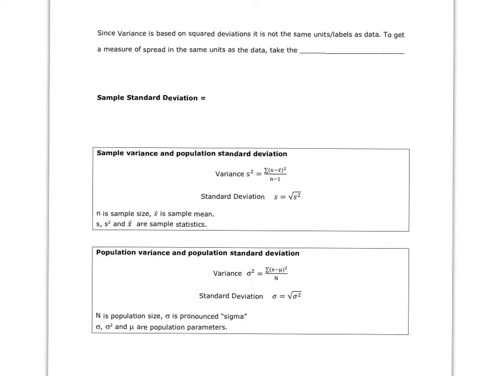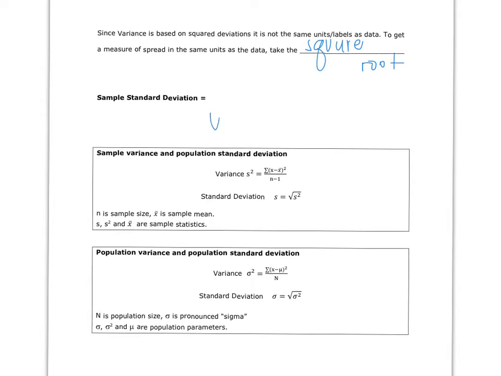So instead of measuring days, the variance is measuring days squared, which doesn't really make a whole lot of sense. So to undo squaring, we take the square root of that variance, and that gives us the sample standard deviation.